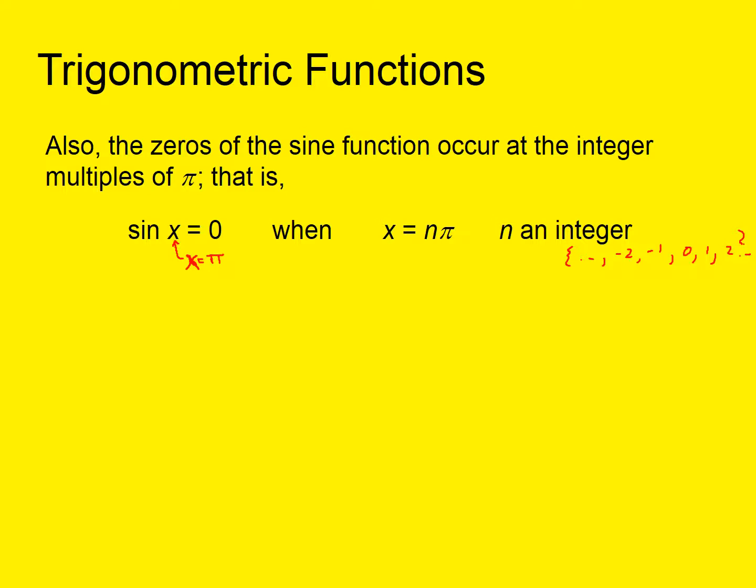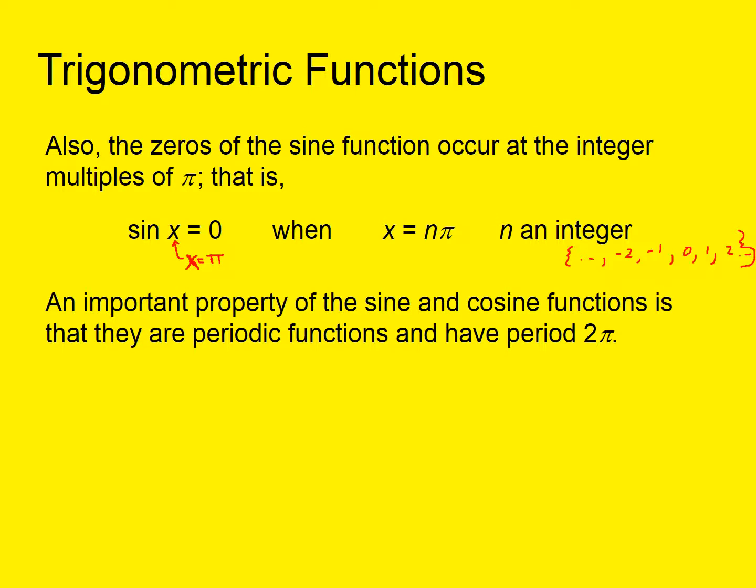An important property of the sine and cosine functions is that they are periodic functions and have period 2 pi. So we can tell that the graph kind of repeats itself after a while, right?